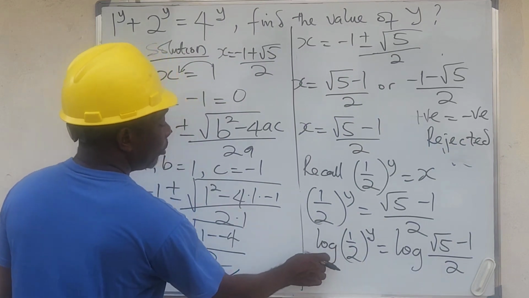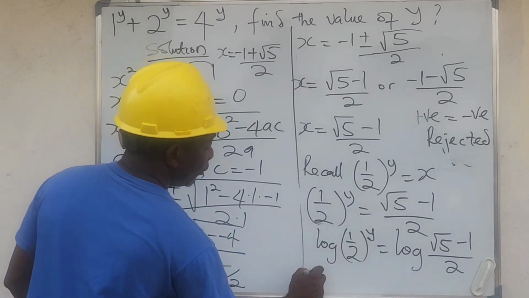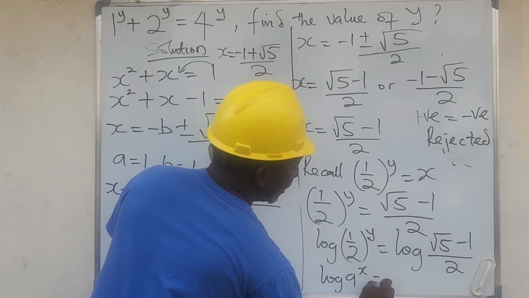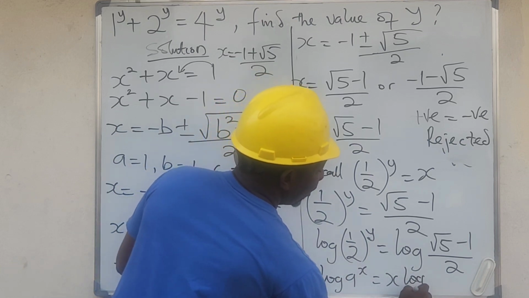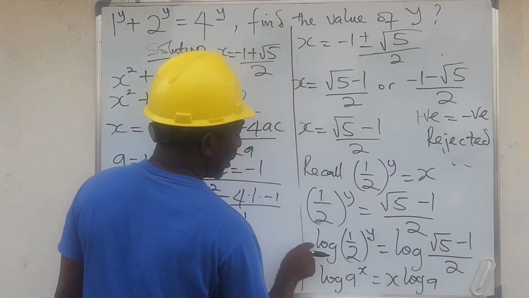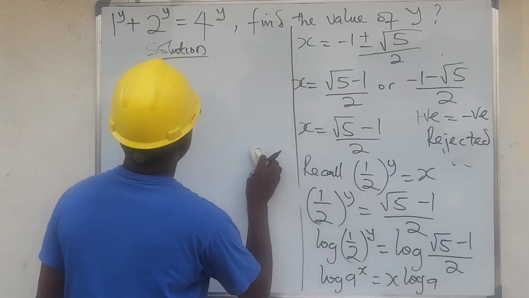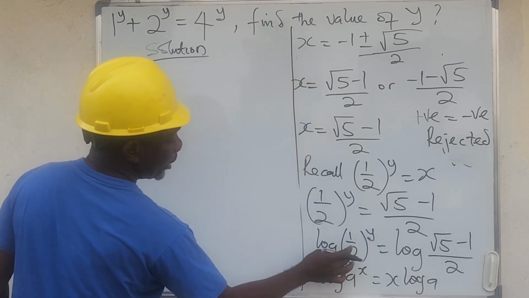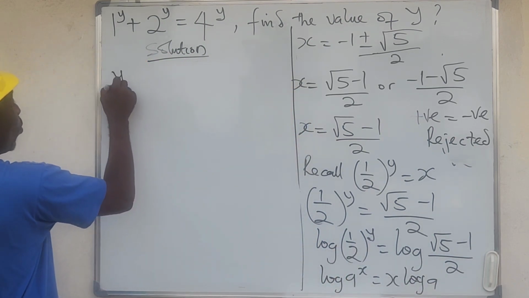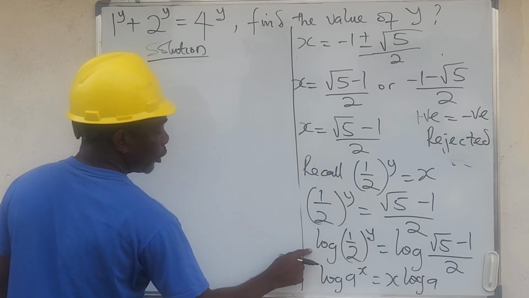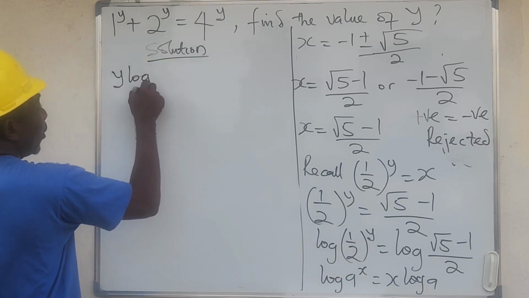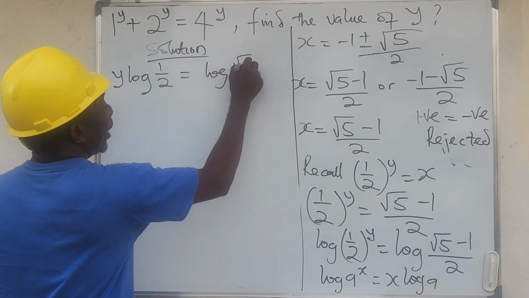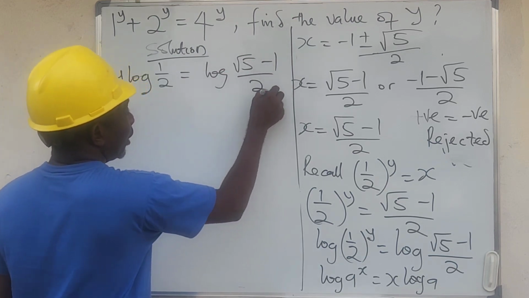So here, we recall when we have log a raised to the power of x, it is the same thing as x log a. So this one can move to this other side. Let's clean this. So by substituting this, here will become y, because this y will move to this other side, log 1 over 2 equals log of root 5 minus 1 all over 2.